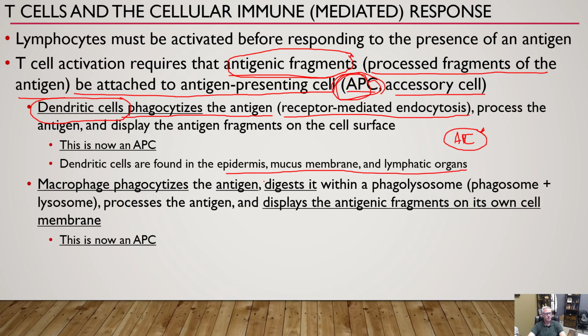Now, for another example, we have a macrophage that's going to phagocytize that antigen and digest it. We have that phagolysosome that we saw. We're going to process that antigen and display those antigenic fragments on the cell membrane.